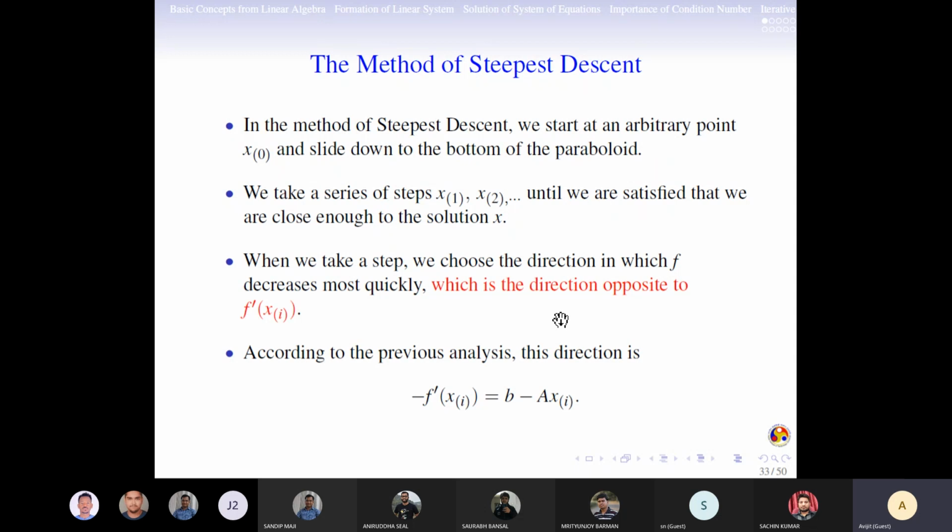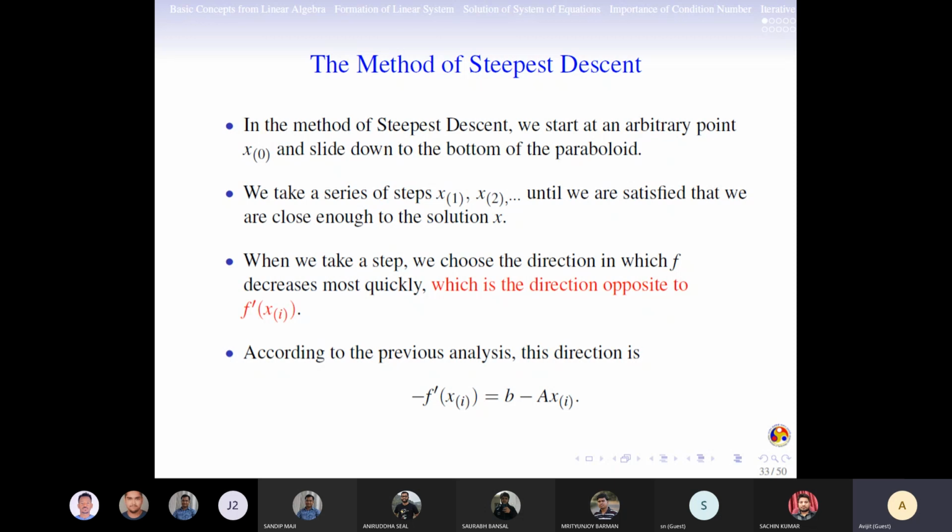And we know that f prime x, which is the gradient, is the direction in which f is increasing its value. But we have to get the minimum point, so we should go in the direction opposite to f dash xi, because opposite of f dash xi means minus of f dash xi, which is the minus of gradient direction, and that is the direction in which f is decreasing.